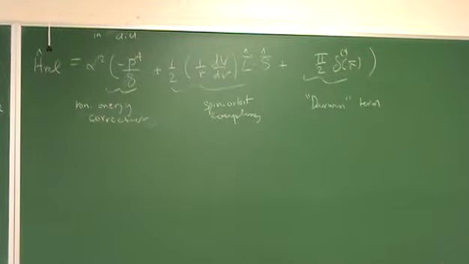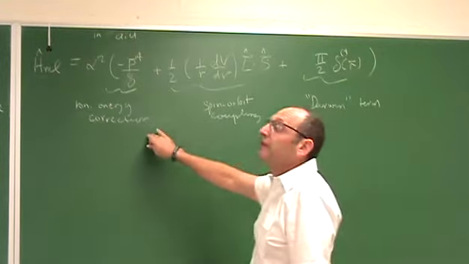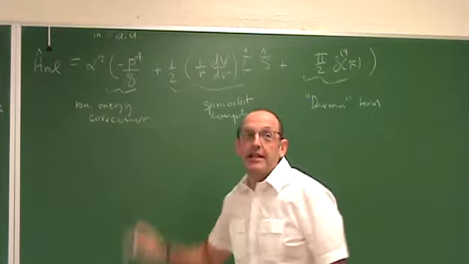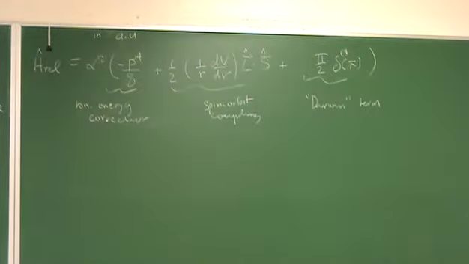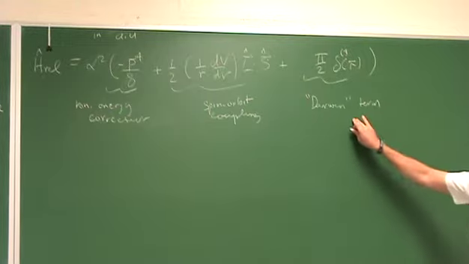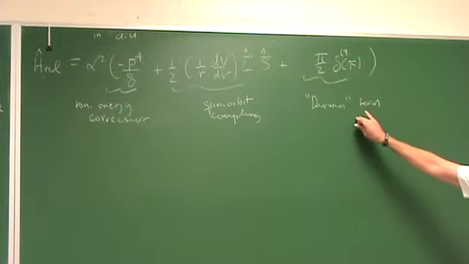So the first term arose from the correction to the kinetic energy due to relativistic mass. That's one term. There's a term here that we didn't really derive, we just wrote it down.